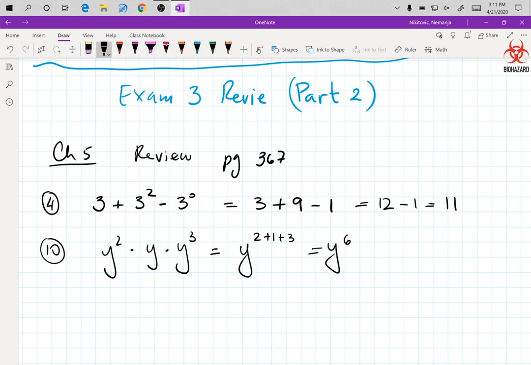We did this one last time. Let's take a look at problem 16. It has x squared y cubed raised to the 4th power. Maybe I should be giving you a little bit of time to try it on your own, and then you can compare to what I have.